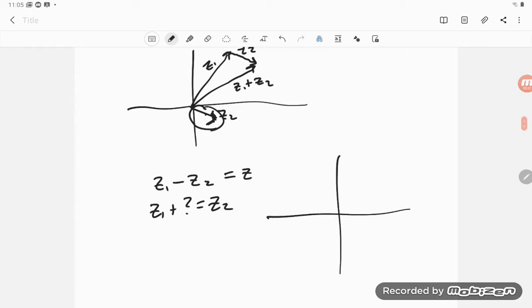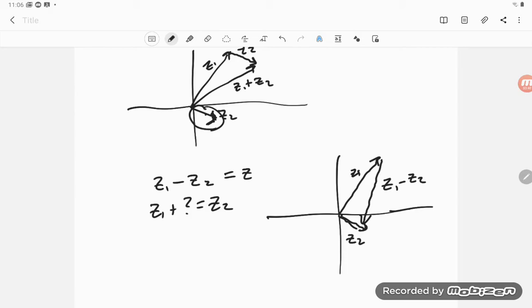And so here is the Z1 again, that same Z1. And here is the same Z2 in its correct spot. There's Z2. And then this vector is Z1 minus Z2.